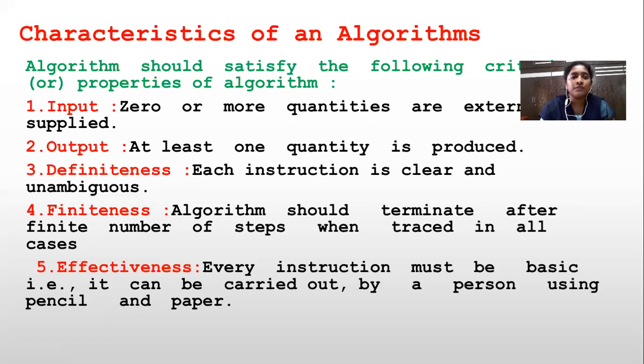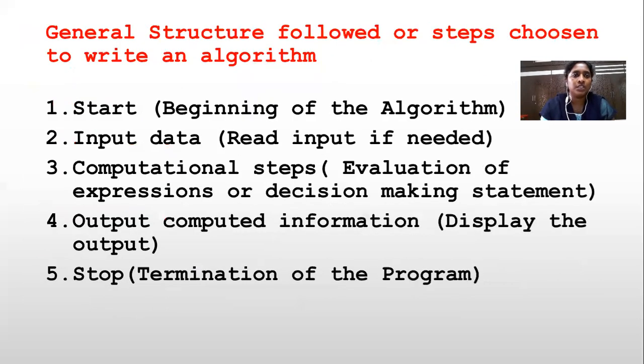An algorithm should terminate after a finite number of steps when traced in all cases, which means whenever we start giving a solution, finally we have to complete providing a solution to it. Effectiveness: every instruction must be carried out very basically, which means any kind of person should be able to understand. You should follow these 5 characteristics in order to write an algorithm.